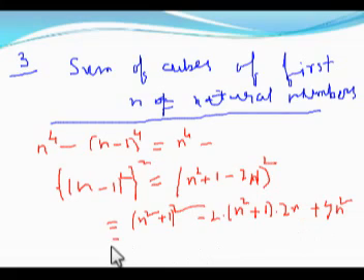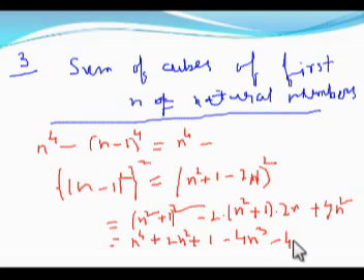So it will be n4 plus 2n square plus 1. Here we will get 4n cube, 4n cube, minus 4n plus 4n square.